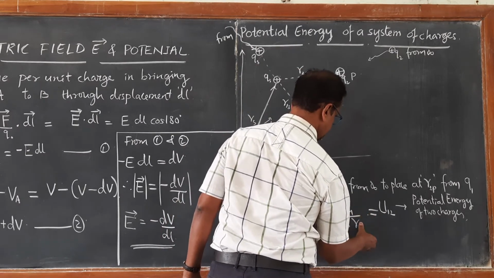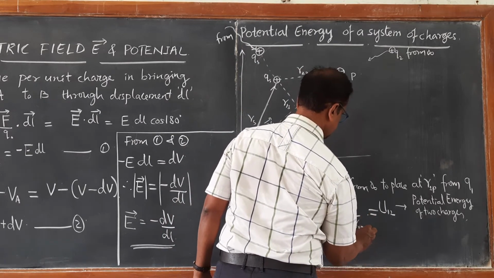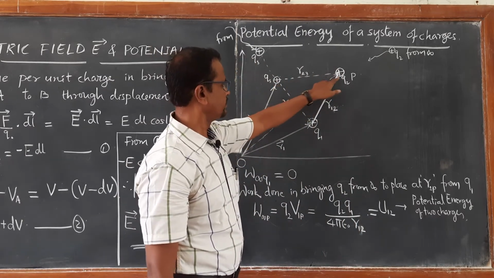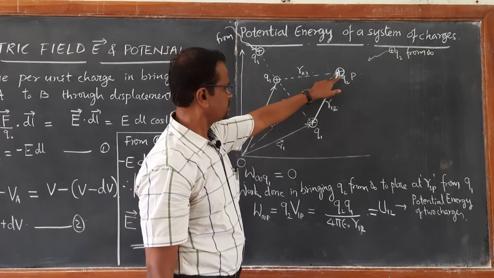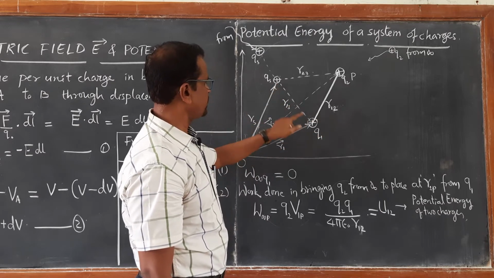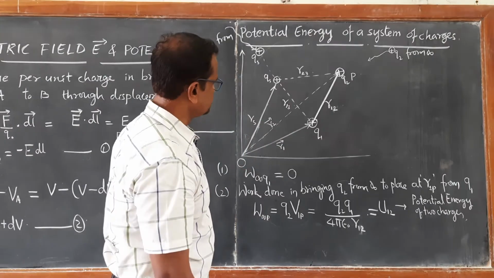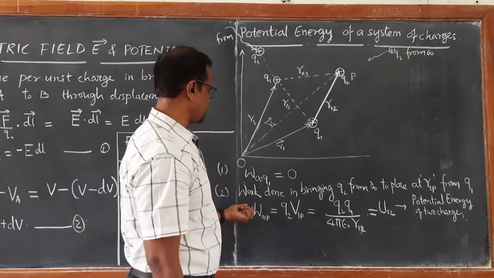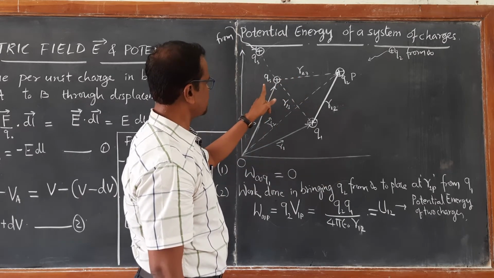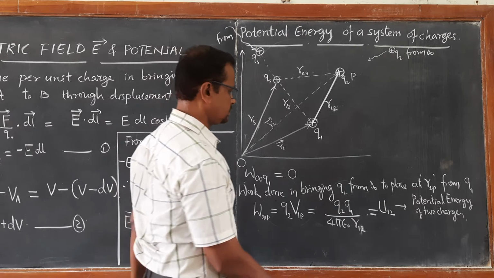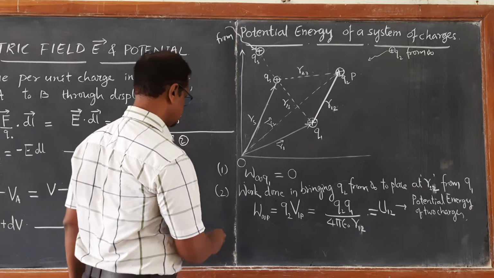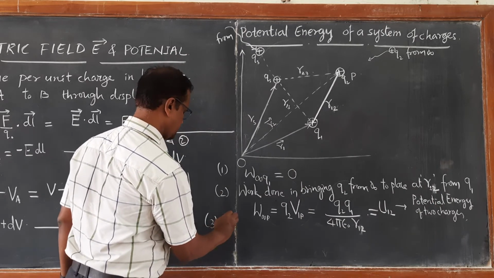The distance of the third charge from the second is R23, the distance of the second charge from Q1 is R12, and the distance of the third charge from Q1 is R13. We must know these distances so that I can calculate the work done in bringing the charge from infinity to place it at position vector R3.